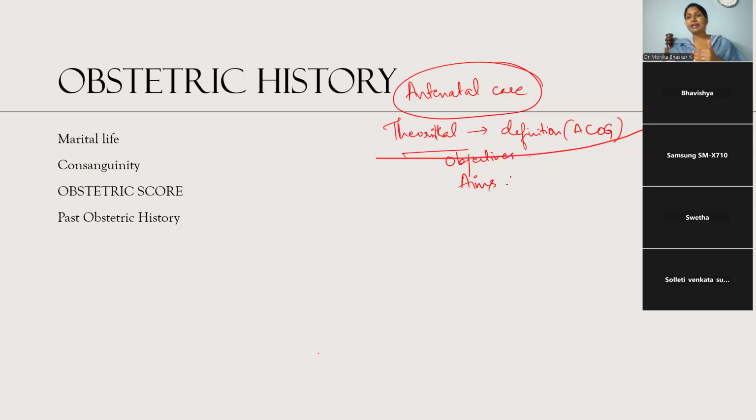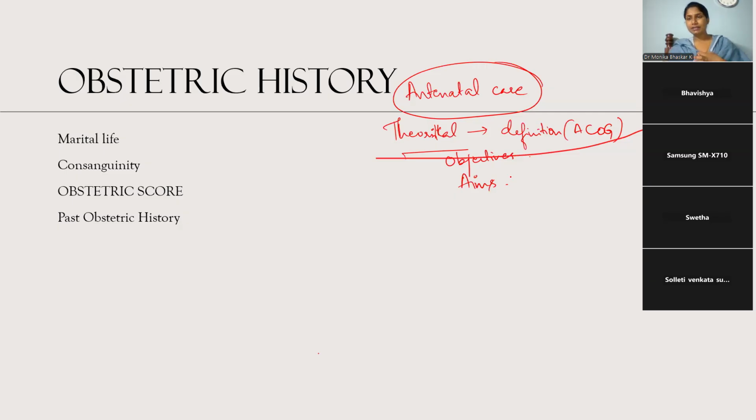The second thing is identification and treatment of pregnancy unique complications. So what are the pregnancy unique complications? Preeclampsia, gestational diabetes mellitus, hypothyroidism during pregnancy, anemia in pregnancy, or if she has any placenta previa. So you have to identify these pregnancy related complications which are unique during pregnancy, and you have to manage them appropriately.